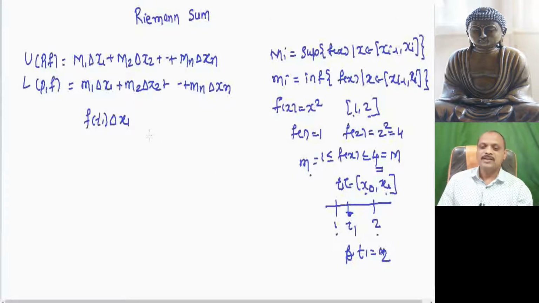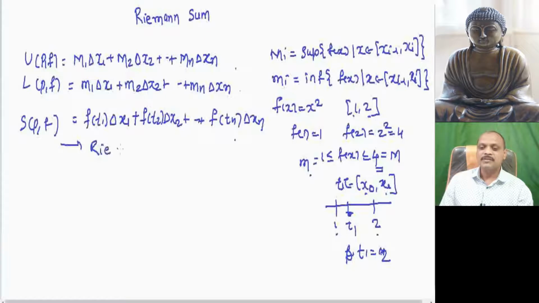Likewise, if we take other points in the other intervals, f of t2 into delta x2 plus up to f of tn into delta xn, this sum differs from the previous sum, and it is nothing but a Riemann sum, SPF.